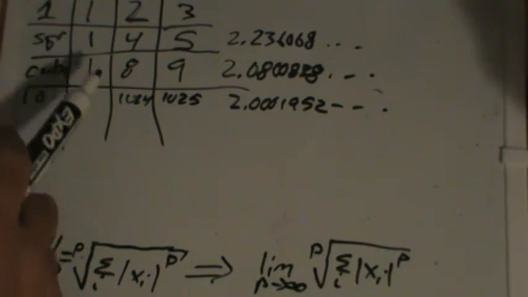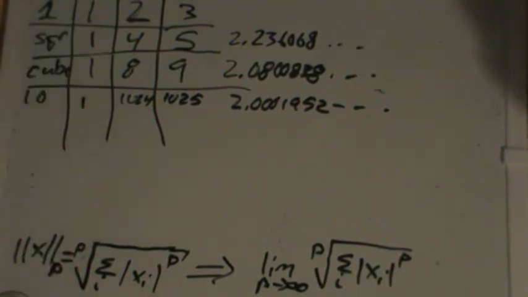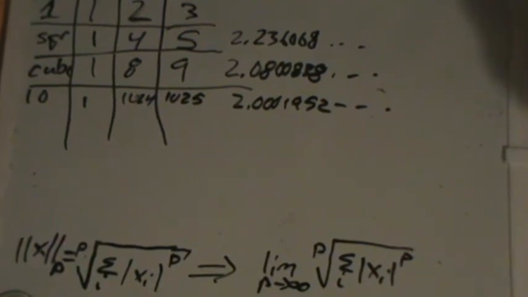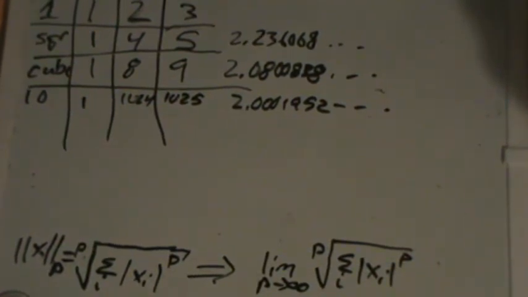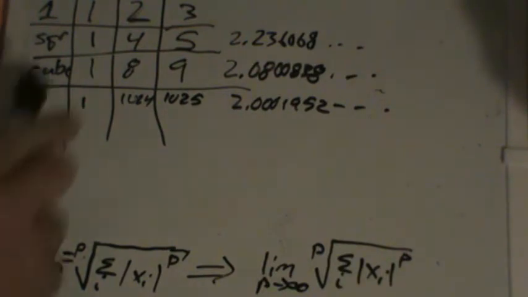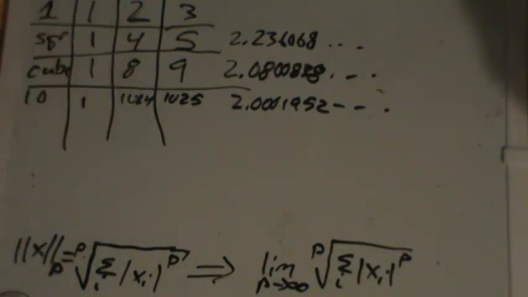Now, if I kept following this, it's never going to get smaller than 2, the largest element, and it's getting closer and closer to 2, as you notice, which is really pointing out the fact that as you take higher and higher powers, the big term, whatever's the largest in magnitude, notice it wouldn't matter if 2 had been negative because we're taking absolute values, but the largest magnitude dominates.